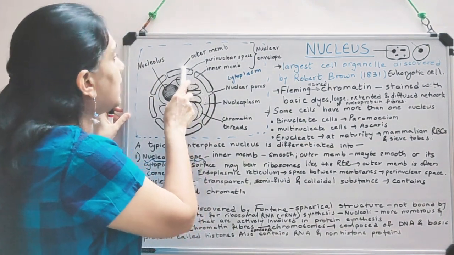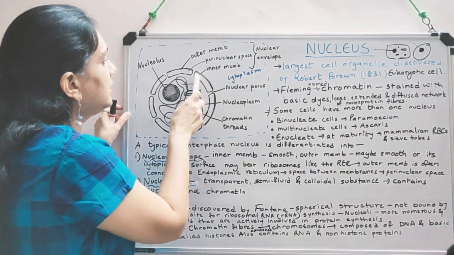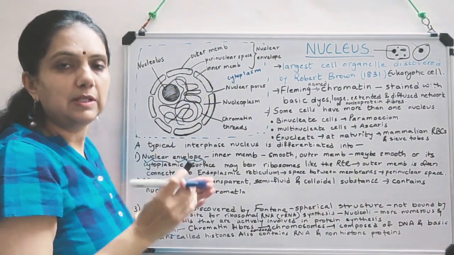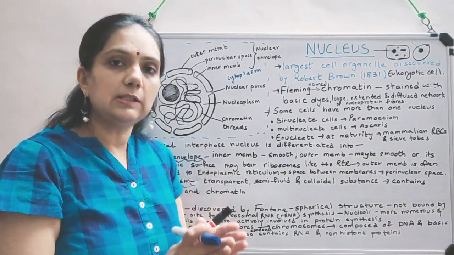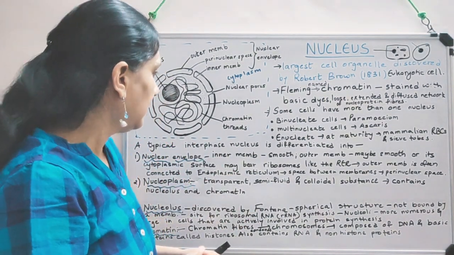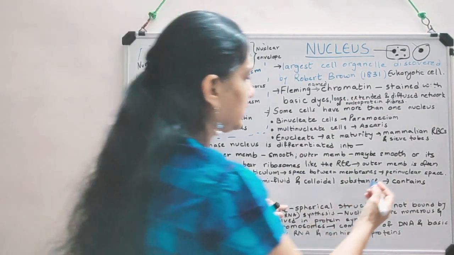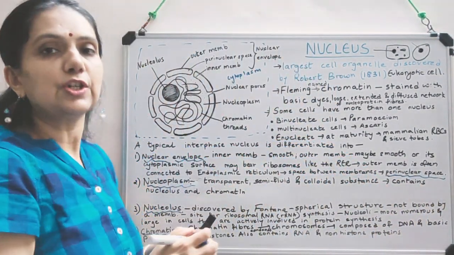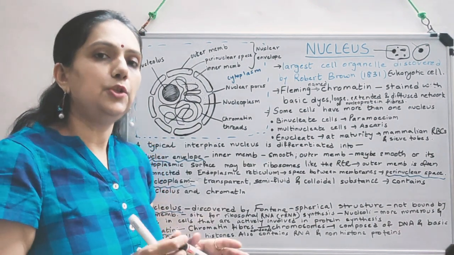So the first one is the outer membrane, this portion is the inner membrane, and in between the two membranes there is some space, and this space is called perinuclear space. Okay, so the first component of nucleus is nuclear envelope.